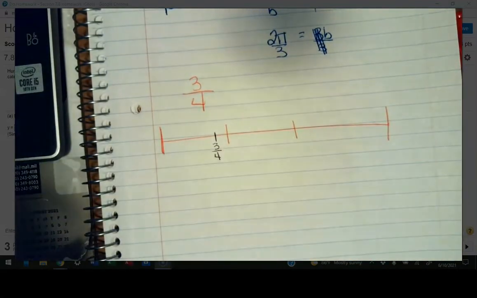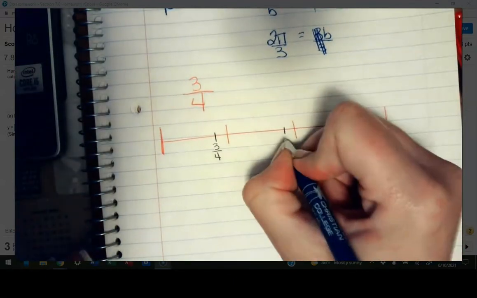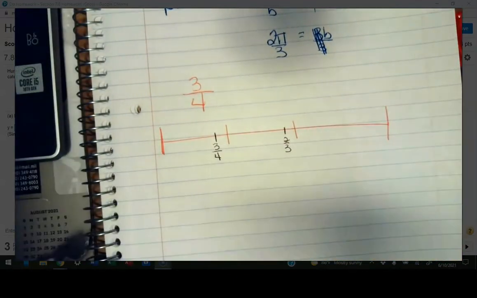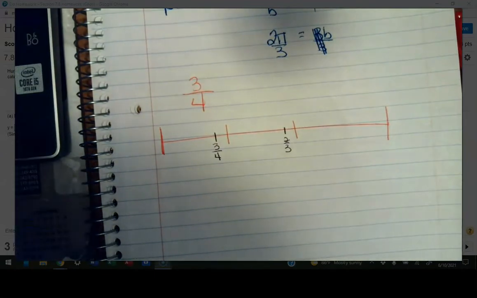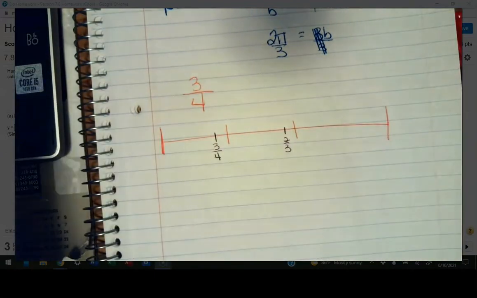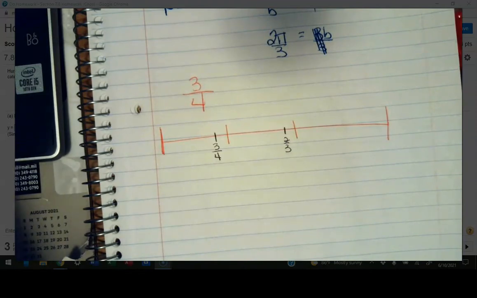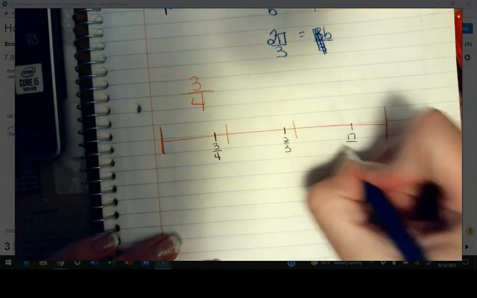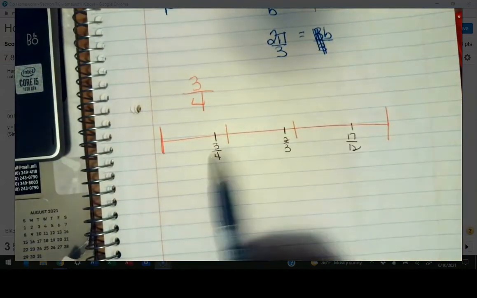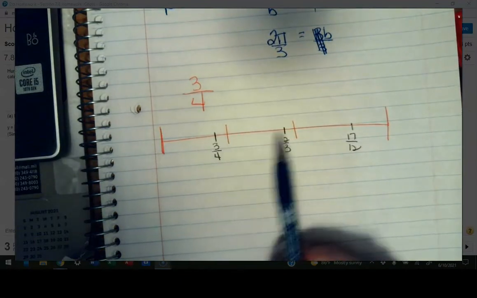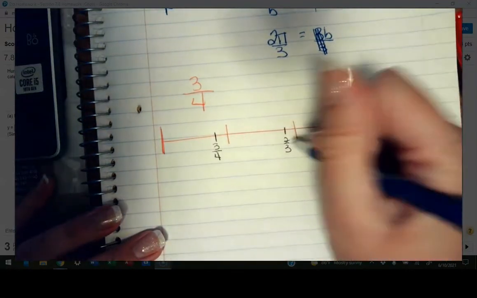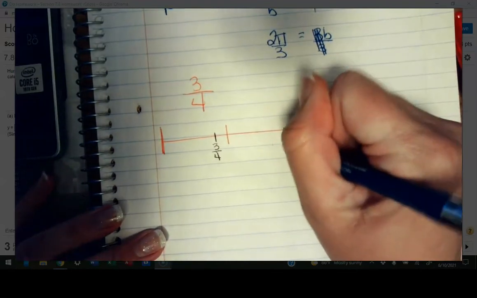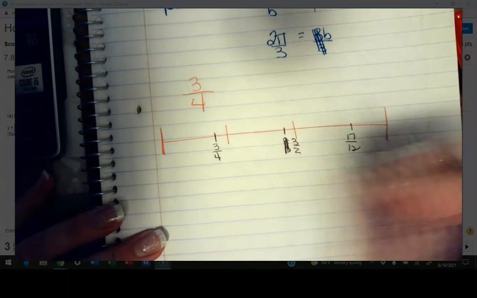Plus another 3/4, hang on. 3/4 plus 3/4 is 6/4, which is 3/2. Sorry, so that whole thing was wrong.